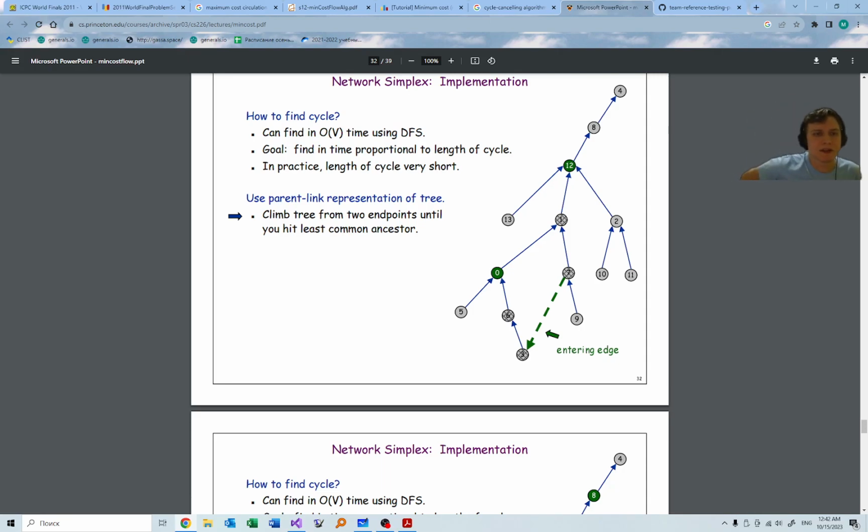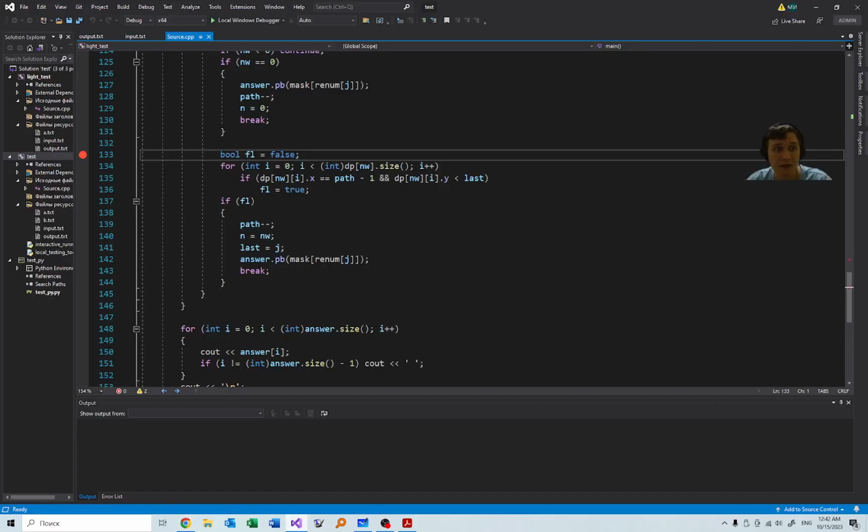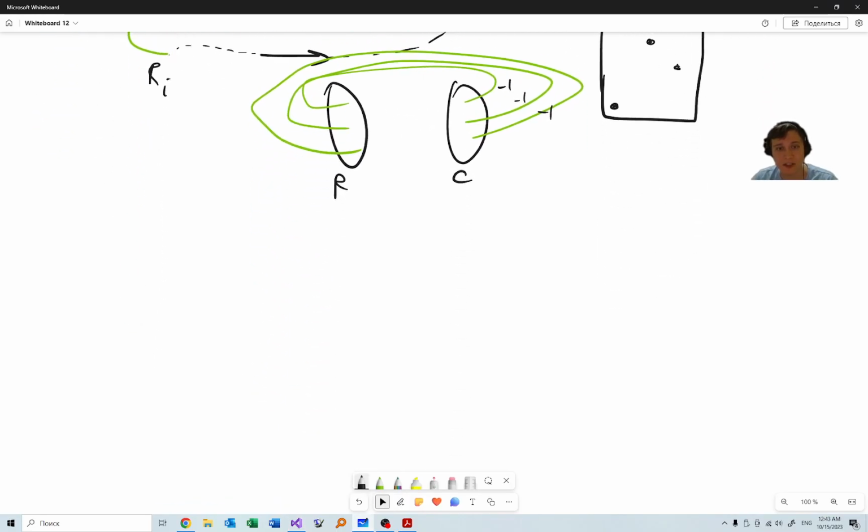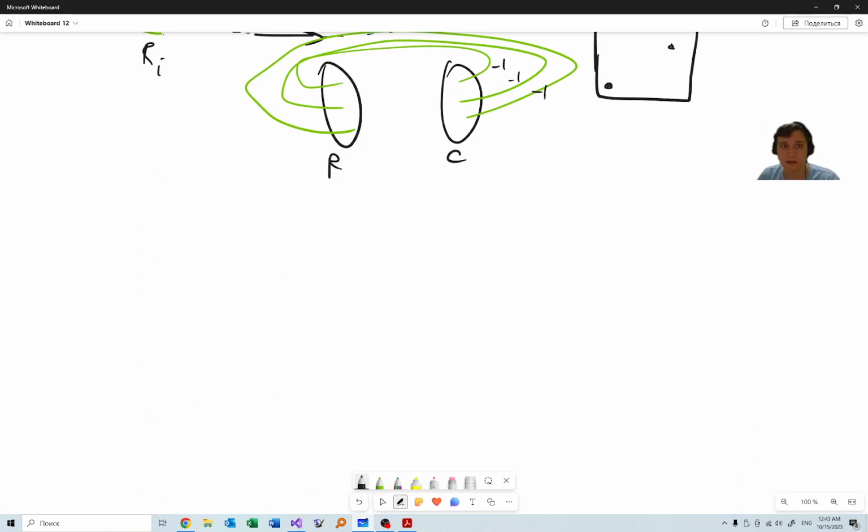It's worth a try, I think, so let's start writing the code. I will just use simplex method.